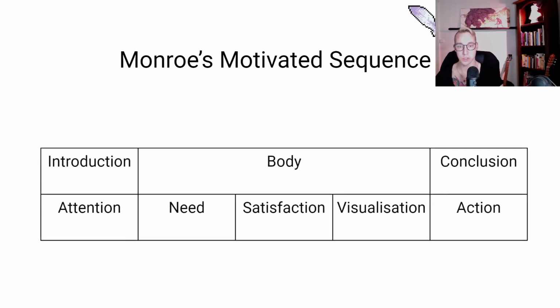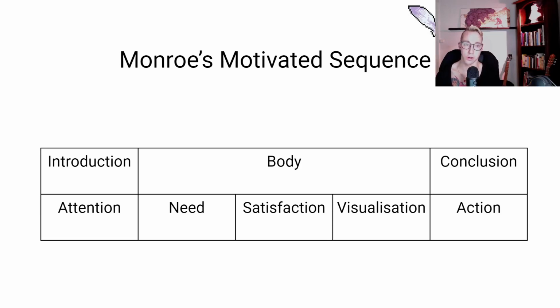Monroe's motivated sequence, however, tries to do this slightly differently in order to truly lead you towards success. So in this case, Monroe's motivated sequence's 5 steps can be compared to the introduction, body, and conclusion, but they are named differently since they have different purposes.